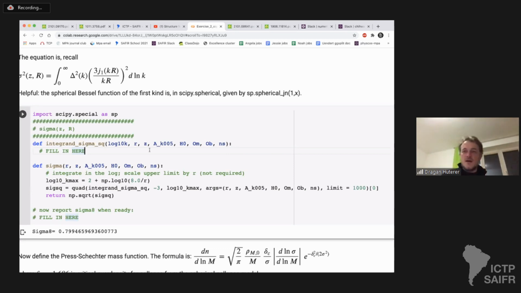I'm trying to see it on my other screen, but it's not working. All right.